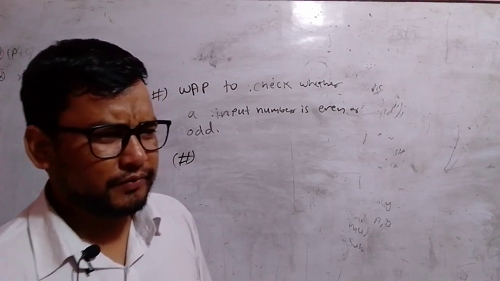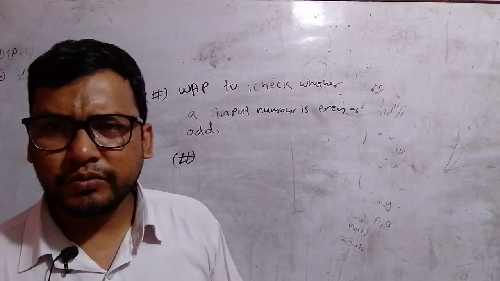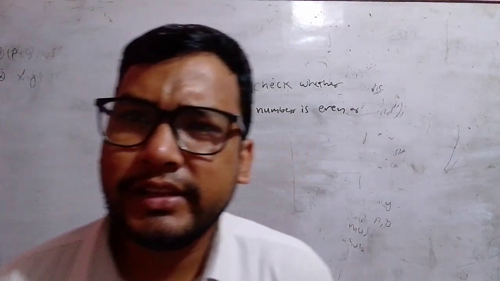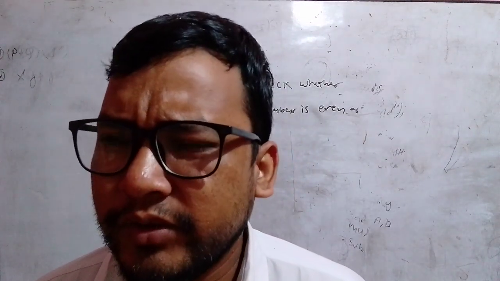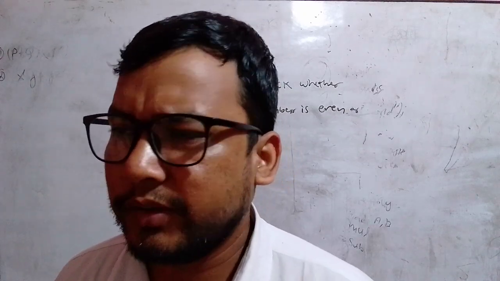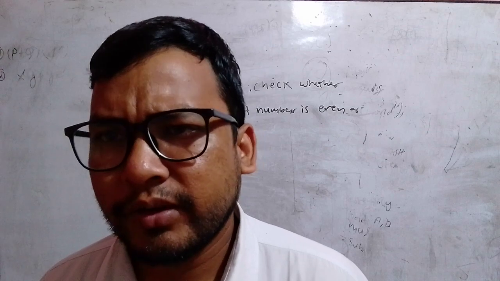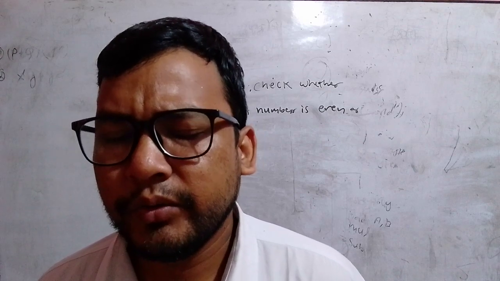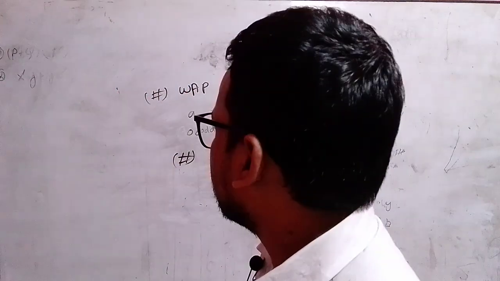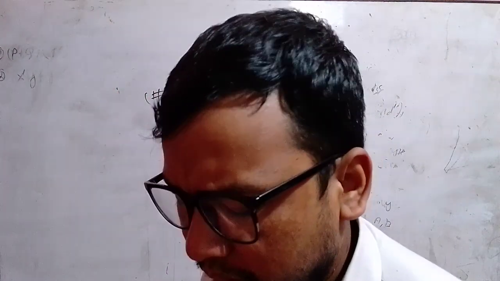Now, to write a program to check whether the input number is even or odd, we need to first of all find out its logic. How to check whether a number is even or odd? There is a simple logic. To write the program, we first need to find out the logic to get to the solution of any problem. What is the logic to check whether a number is even or odd?